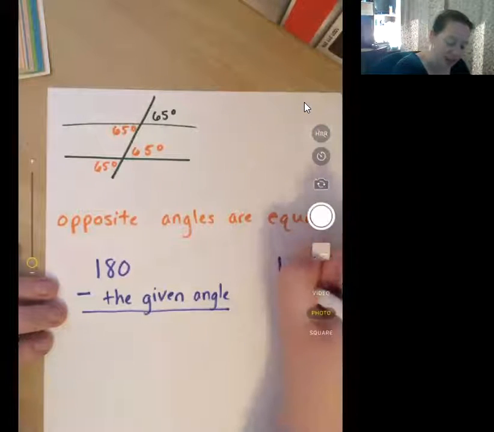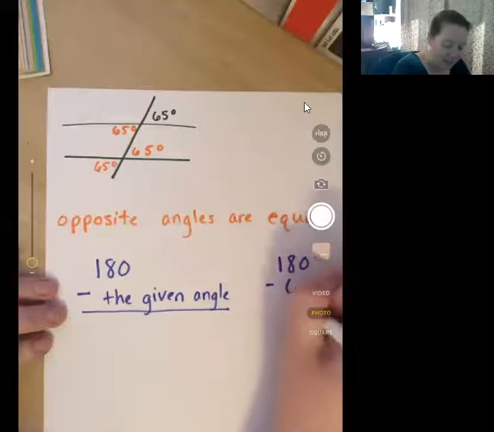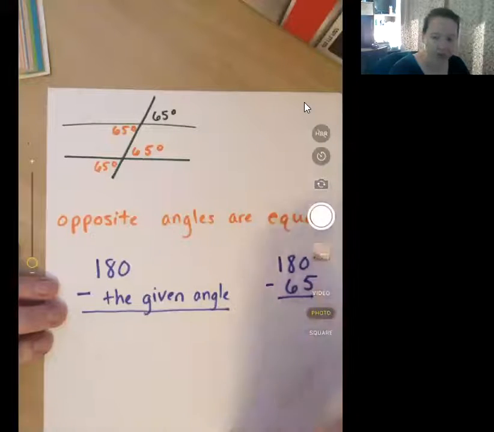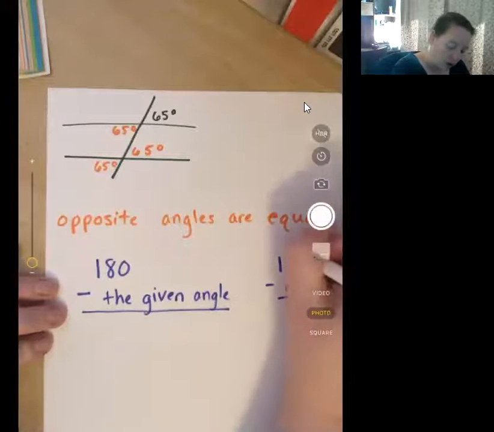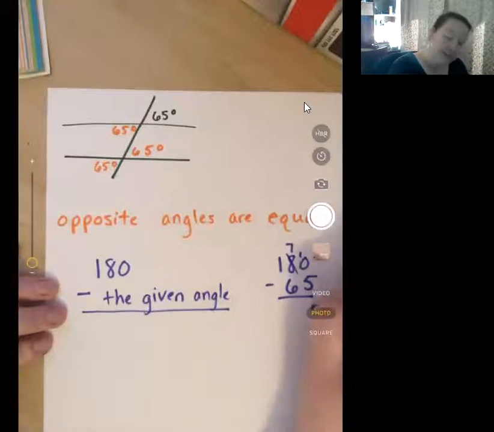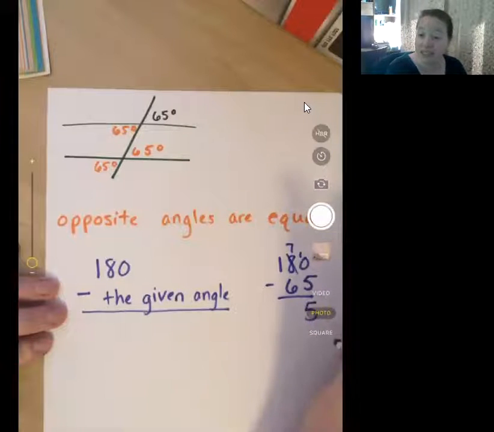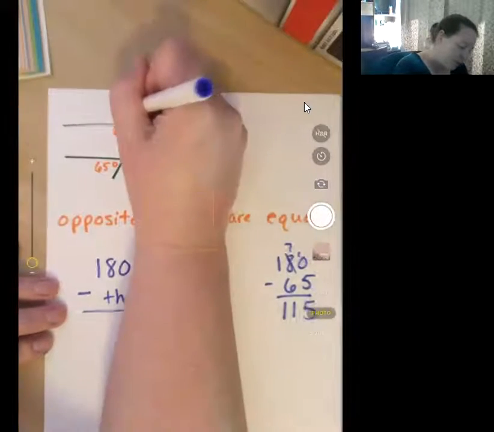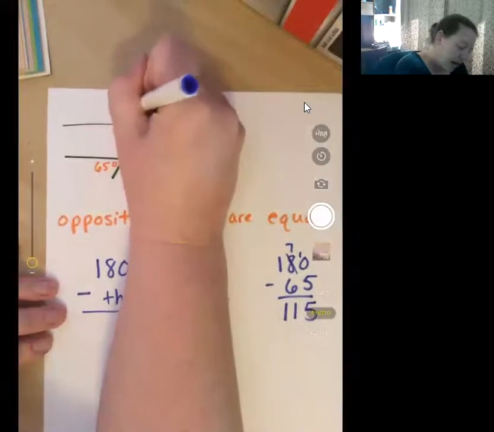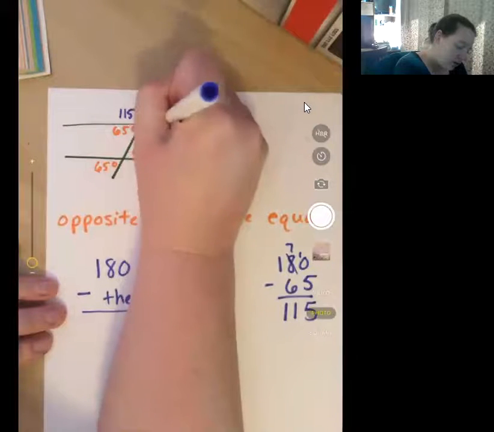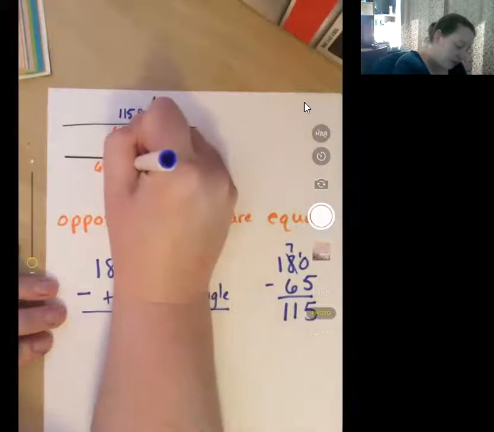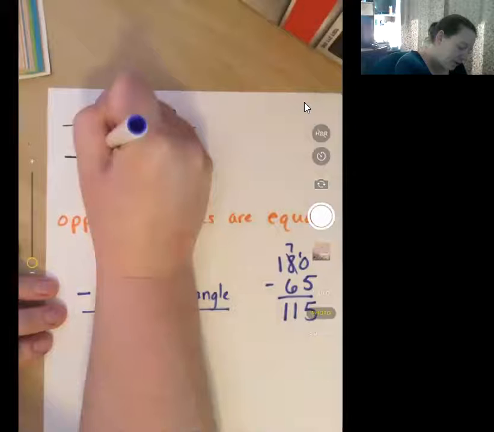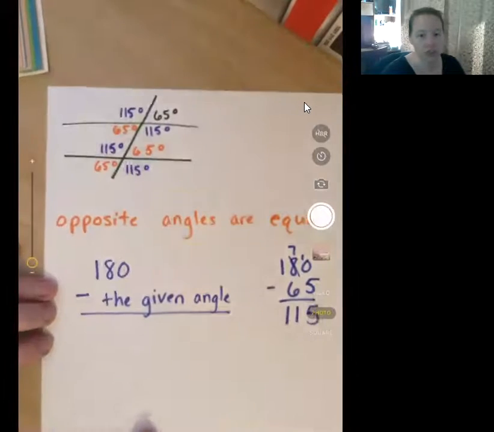So in this case, it's 180 minus 65. I can then go borrow. That becomes 10 minus 5 is 5. 7 minus 6 is 1. And then bring down the 1. So I know by my various rules, every single other angle is 115 degrees.